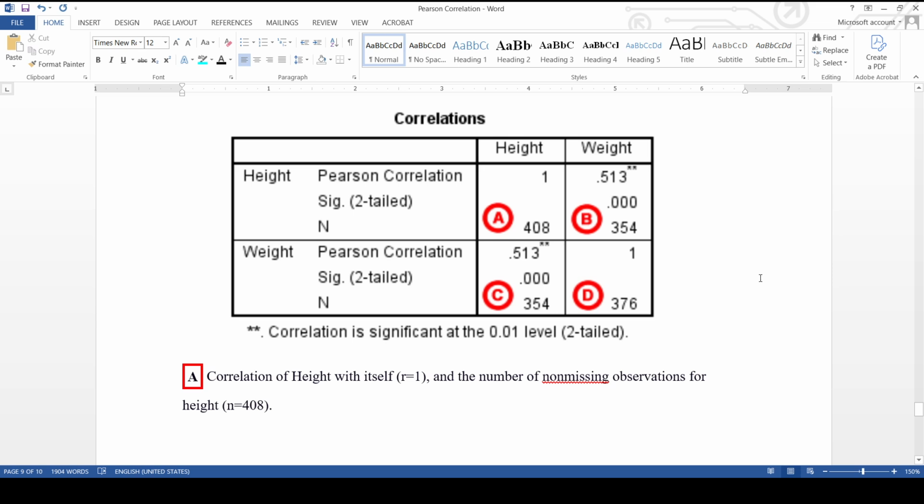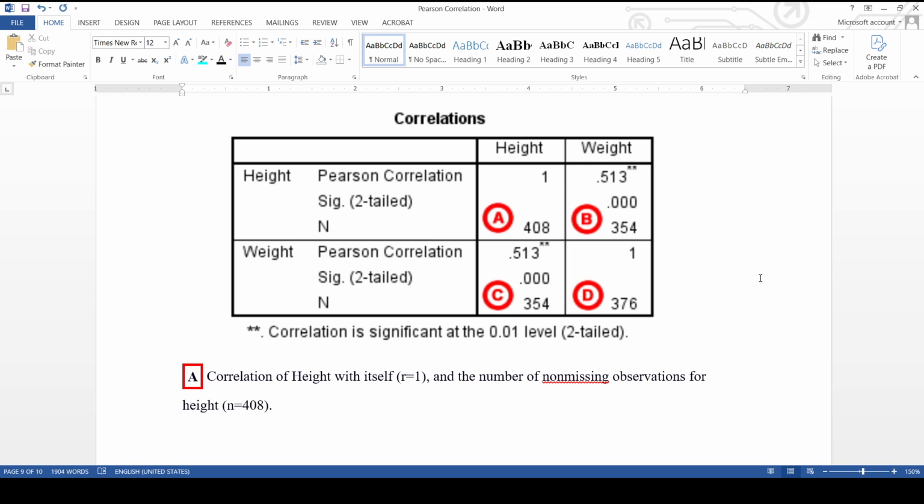Just looking at it, you already understand what this means. Under height, you have 1, and then 408. As he explained, this is correlating height to height, the data you have under height with height.